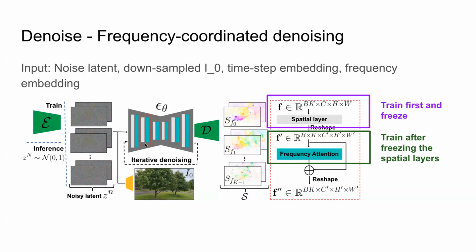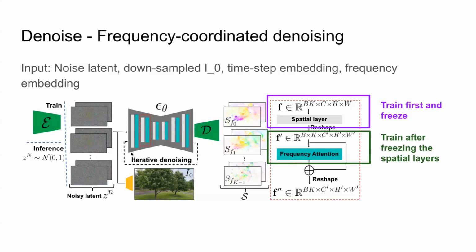For the training process, the author trained the spatial layer first, and then froze it. Then on top of it, they added the frequency attention layer, interleaved with the spatial layer. So the denoising component would be spatial layer, attention layer, spatial layer, attention layer, something like that. You can imagine it continues.